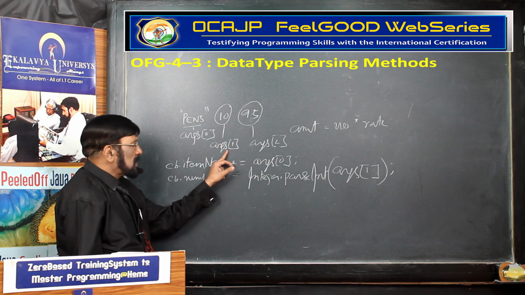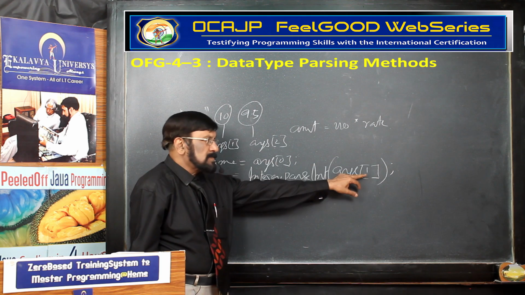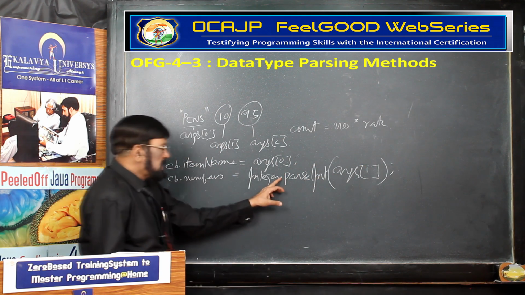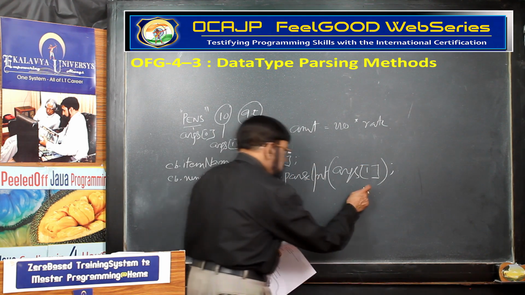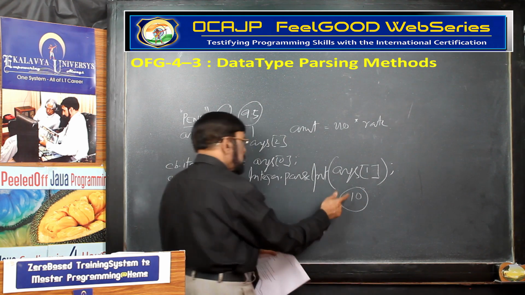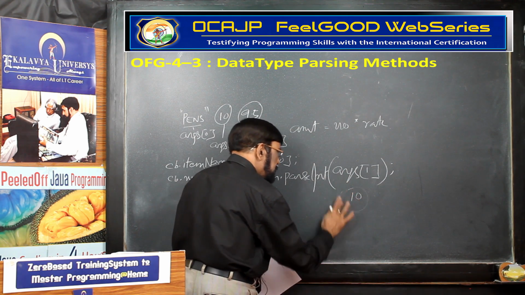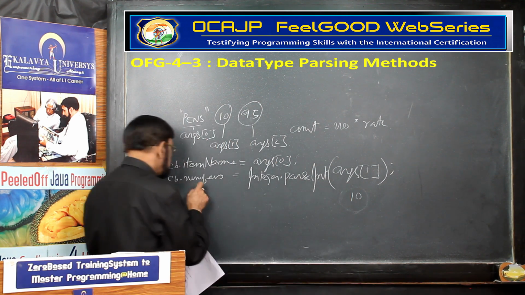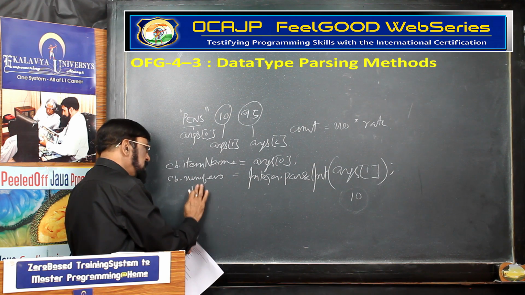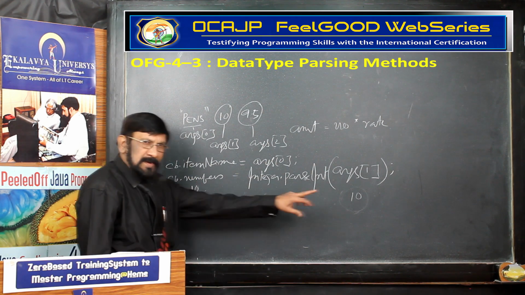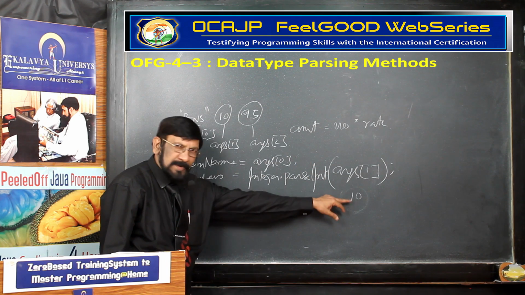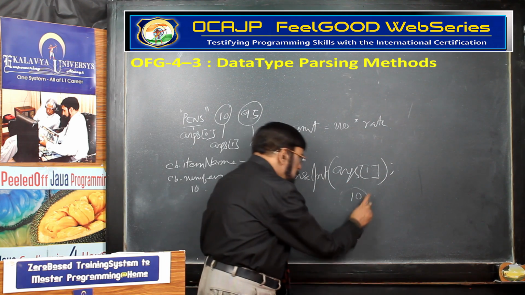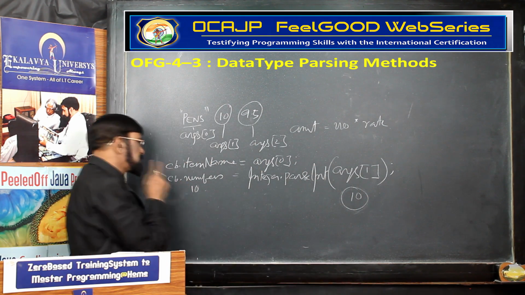In args[1] it is there, in string form. You want to peel off this layer. Then what is stored here? 10, the original integer. This string consists of an integer value, and the wrapper is removed. Then 10 is stored here.